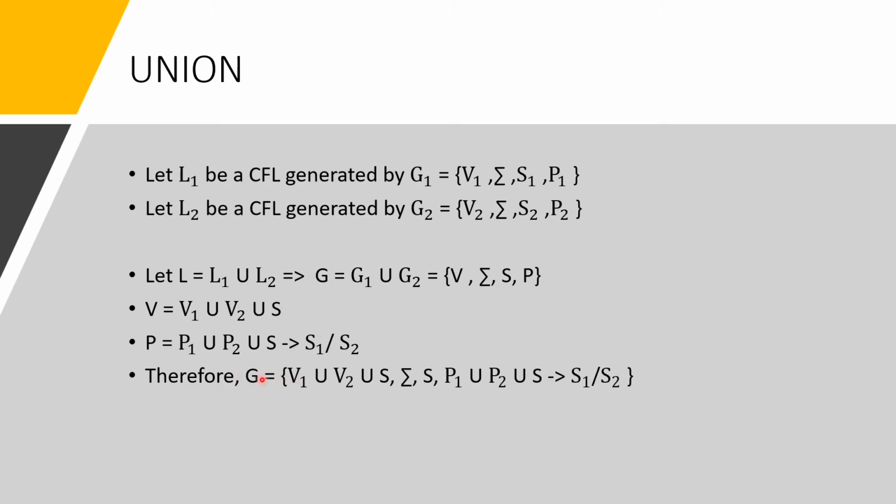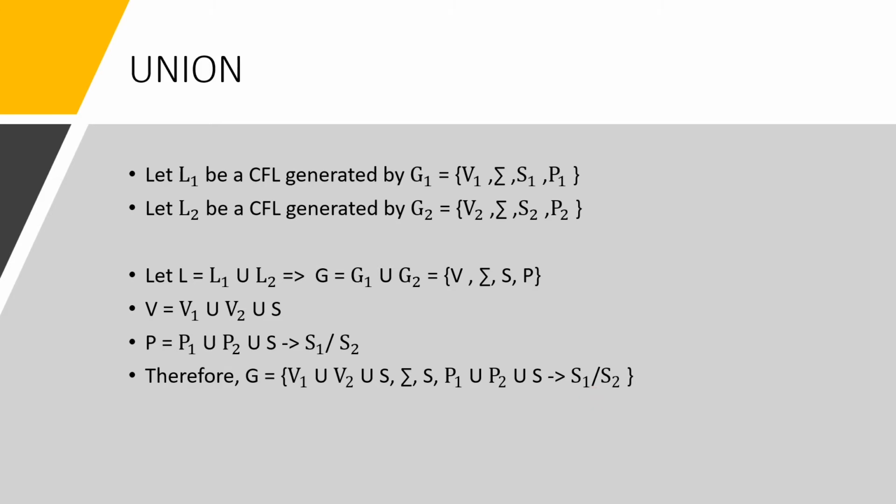Therefore, finally G equal to V1 union V2 union S, sigma and starting symbol S, and P1 union P2 union S implies S1 union S2.